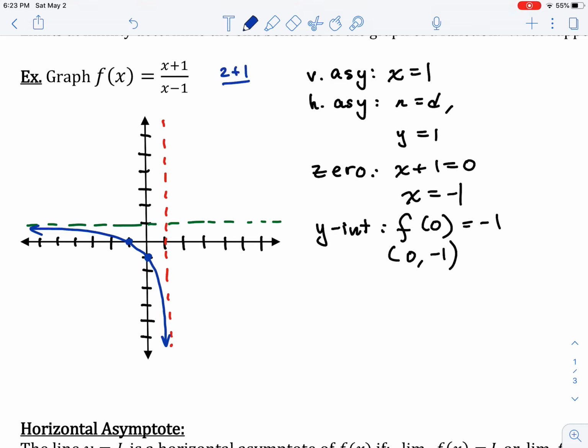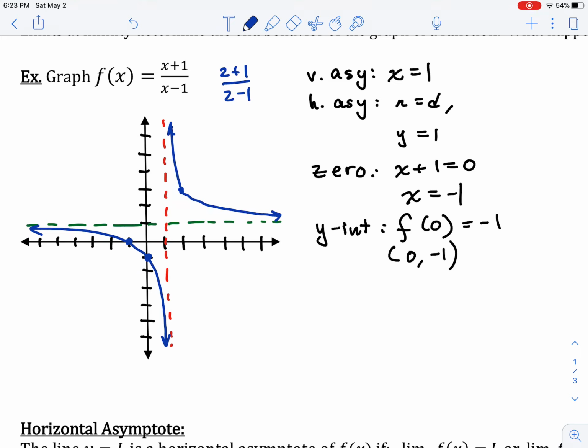When x is 2, we get 2 plus 1 over 2 minus 1. So that's just going to be 3. So (2, 3) is going to be a point right over here. And then from there, let's graph. This is going to go up this way, and this is going to go down this way. All right, so there's our rational function that we've just graphed.